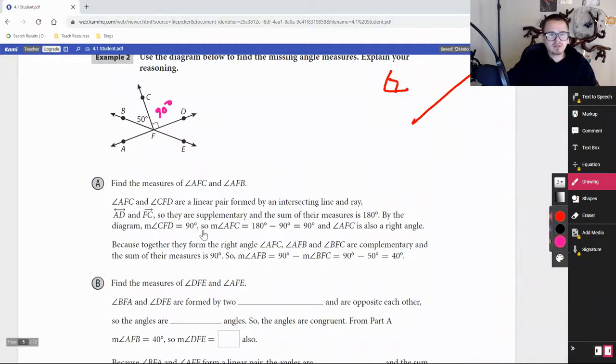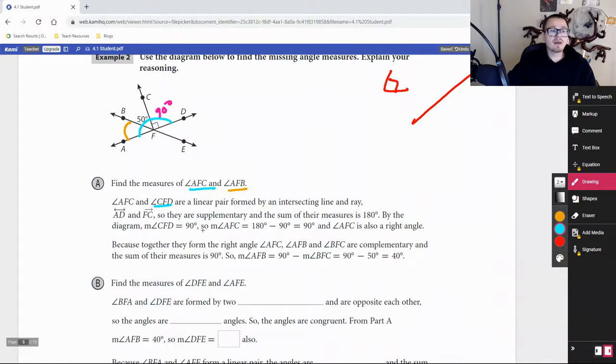I'm going to use some different colors to mark these. AFC, and AFB. So figure out what those measures are. That's our job. Well, we know that AFC and CFD are a linear pair, because if you look at this line, AFD, it comes all the way over and makes 180 degrees.